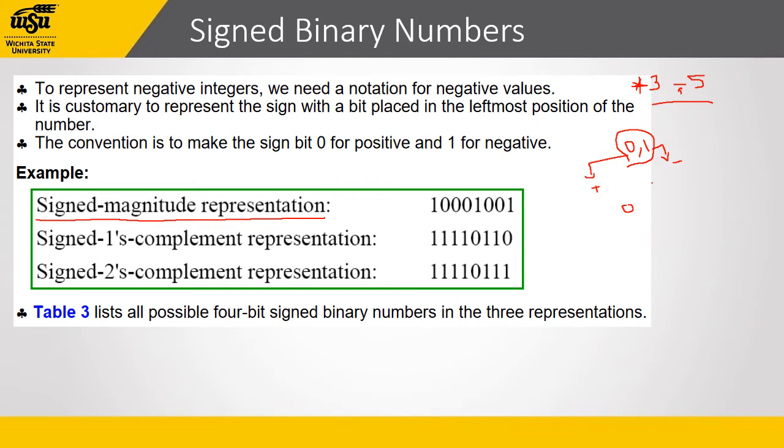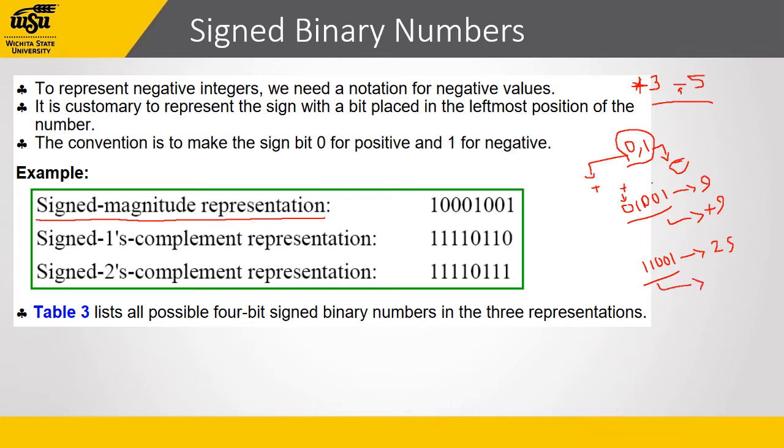So if we look at this binary number, we can assume that it's equal to 9 if it's an unsigned number, and if we think that it's a signed number, 0 stands for positive, so it's equal to positive 9. Looking at this example, this is equal to 25 if we convert it, and if it's a signed number, 1 was negative, right?